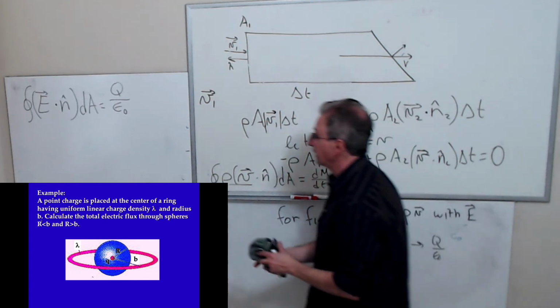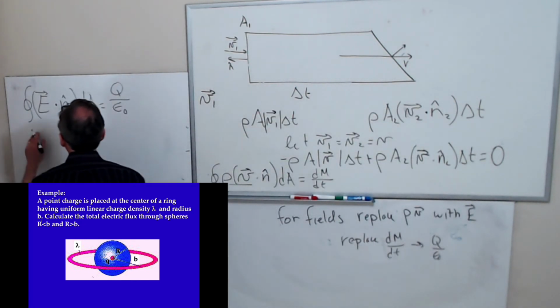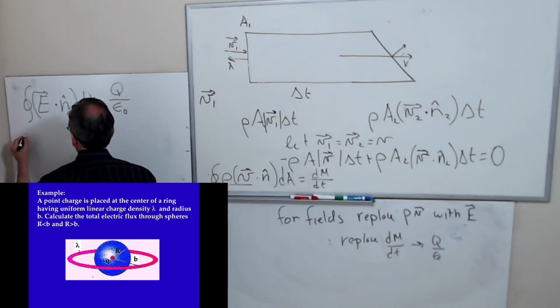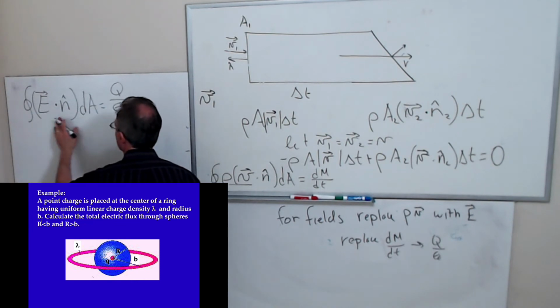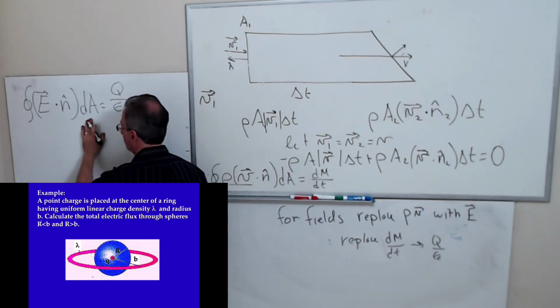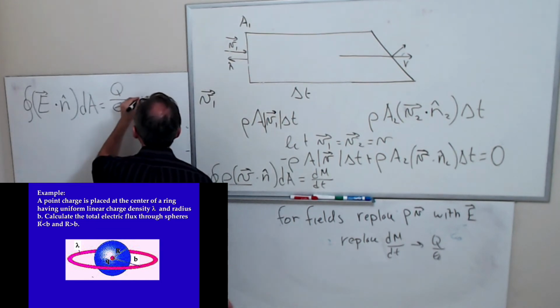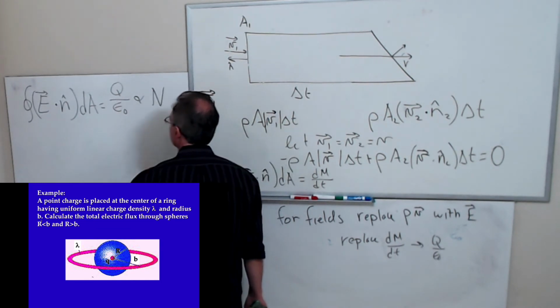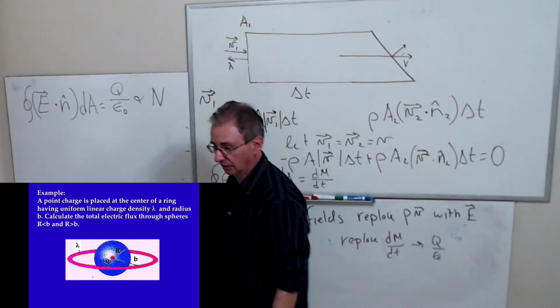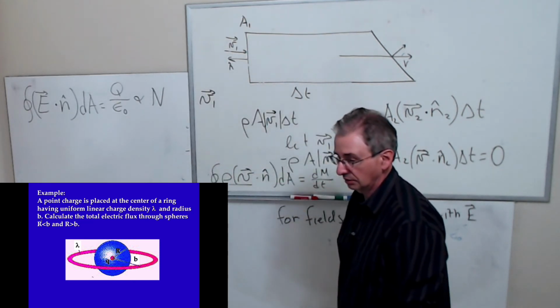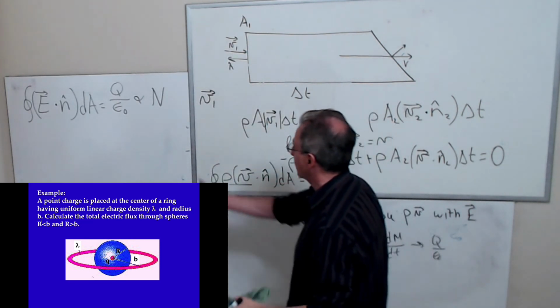So this says that the integral of the electric field over a closed surface is equal to the total charge enclosed over epsilon naught. And this whole thing is proportional to the number of lines entering or leaving a surface. All this came from this idea of the field line.